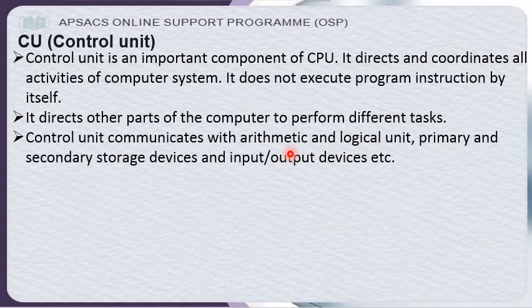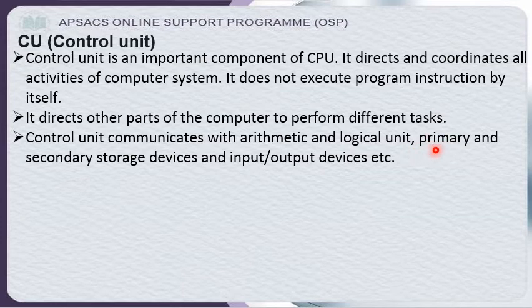The control unit communicates with the arithmetic and logical unit, primary and secondary storage devices, and input output devices. So the control unit basically tells the arithmetic logical unit to perform a specific task. It tells the RAM also, primary memory is which one? RAM.